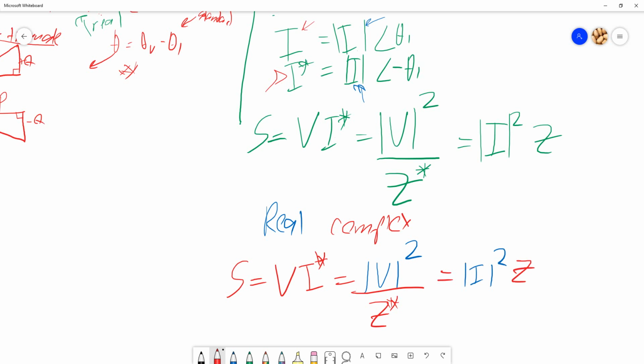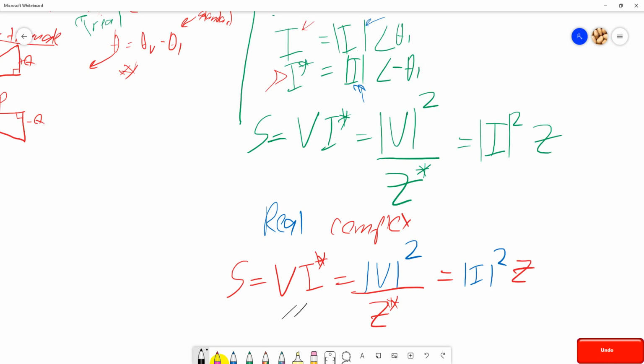Make sure you remember which one is real and which one is complex. If you use this one, make sure all of it is complex. If you use this one, V is complex and only I is a real number. For this one, only V is the real number.